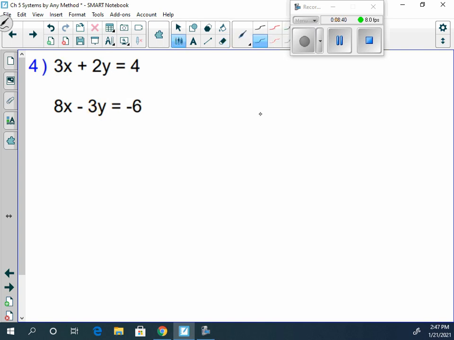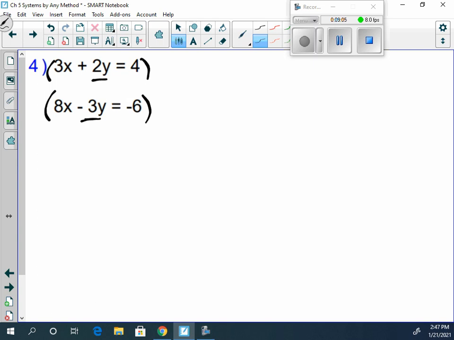So we have to pick a variable. Do we want to eliminate x or y? So we can eliminate y. Any questions on this here so far? So if I'm going to eliminate y, I'm going to multiply both of them by a number. Now the top one has 2y, and I wanted the 2y and 3y to be the same, yes?